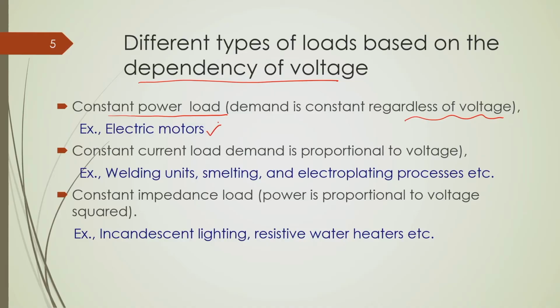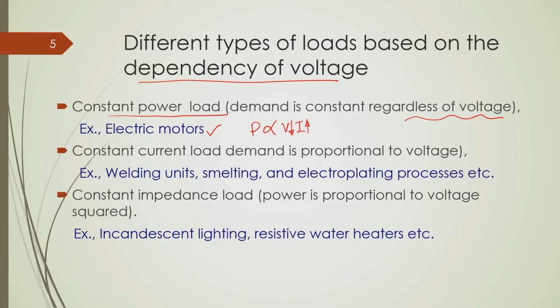Its power is proportional to voltage multiplied by current. So, if the voltage drops below the nominal or rated voltage, it will draw more current so that the power remains constant. So, they are called constant power loads.